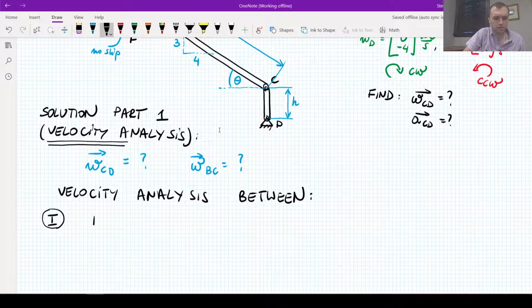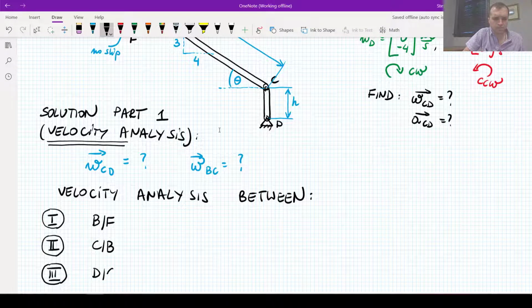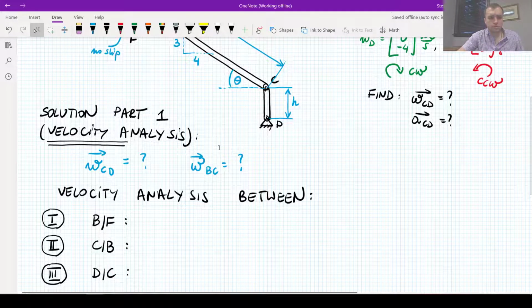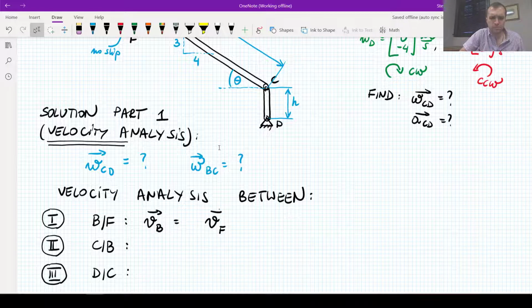Between B and F, then between C and B, and then between D and C. So I can write in here, for example, velocity B is equal to velocity F plus omega of certain body times vector R B with respect to F.